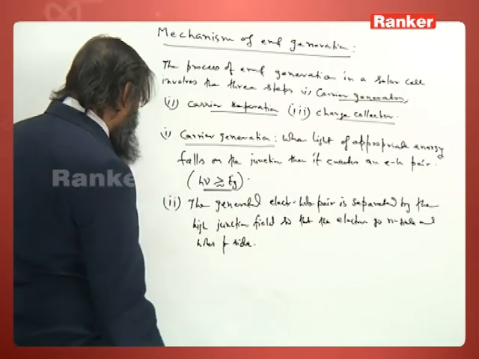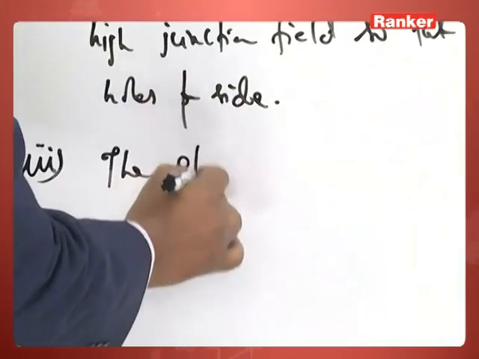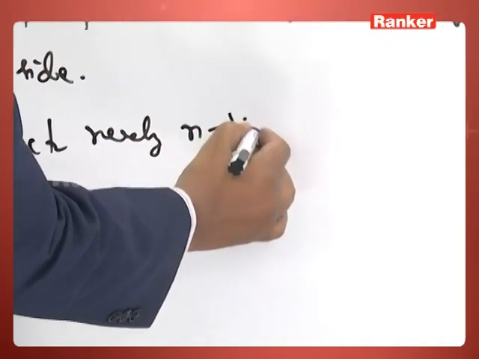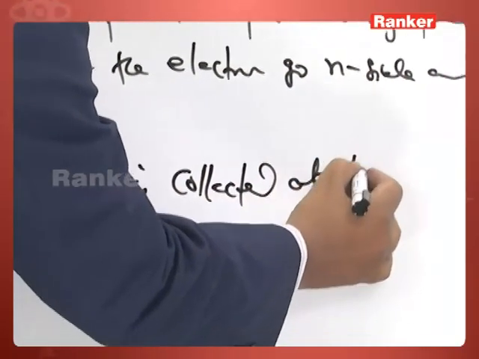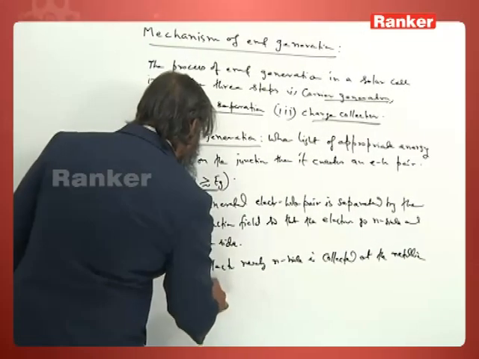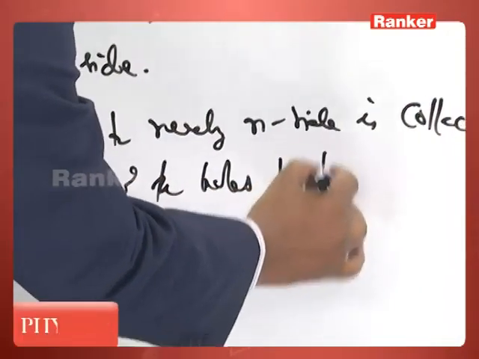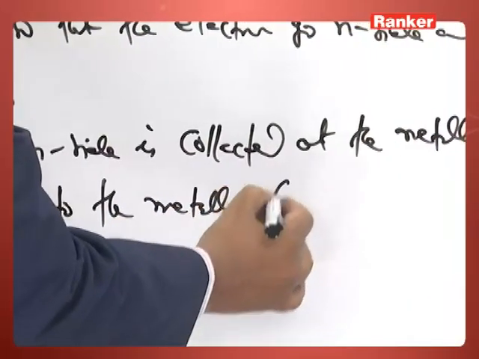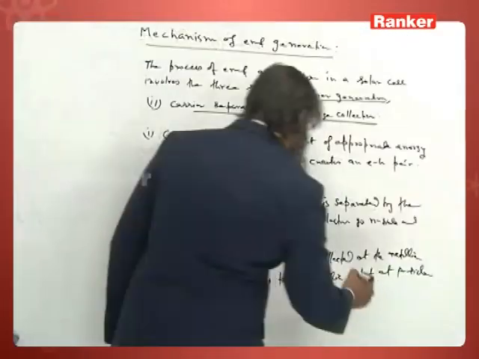So now the third step is the charge collection. The electrons reaching the N side are collected at the metallic contact, and the holes at the metallic contact at the P side.